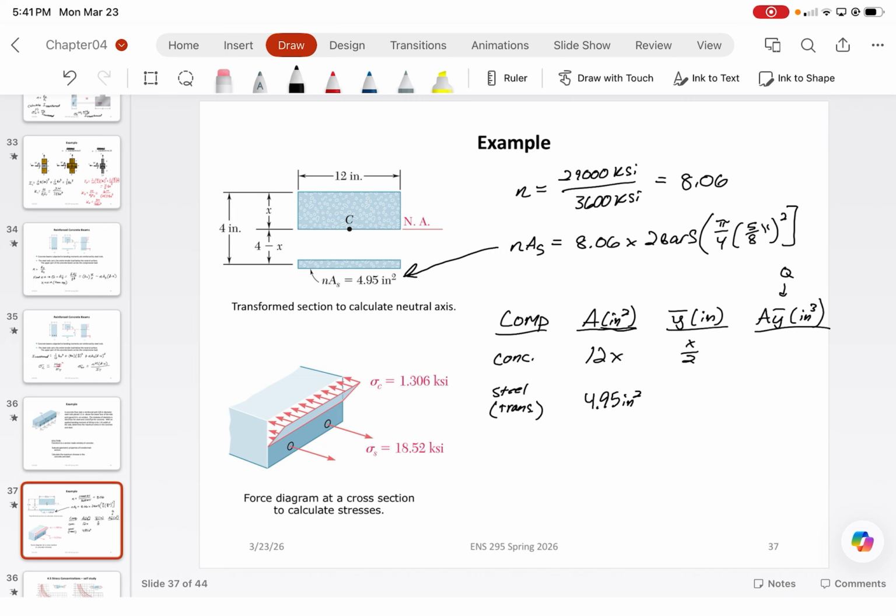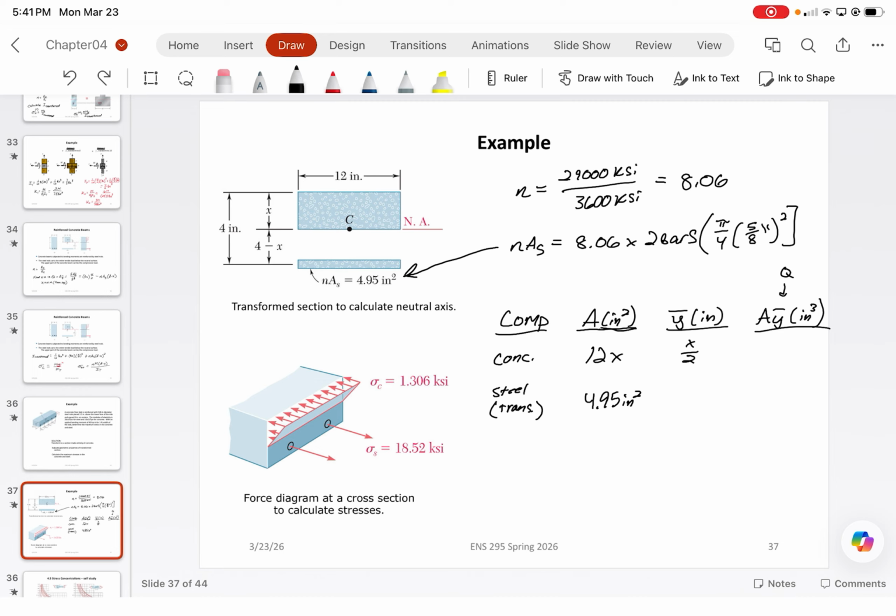And then for the steel, it's going to be 4 minus x, where this y bar is basically, hold on, is it that? No, I don't think so. I want to do it from the top here.